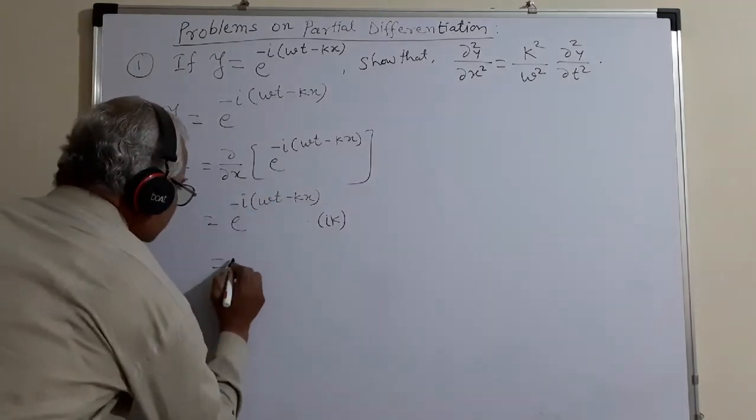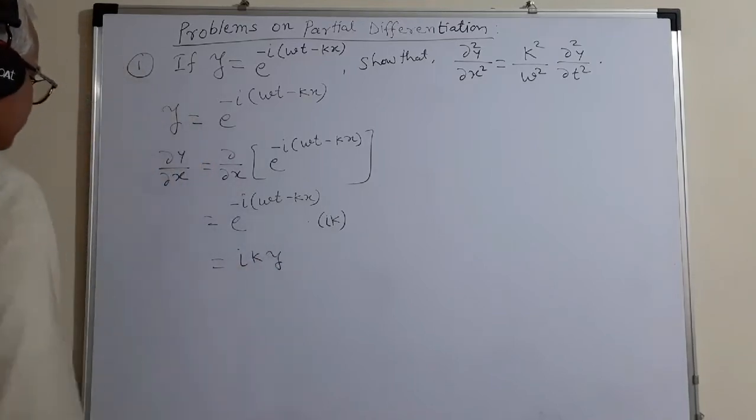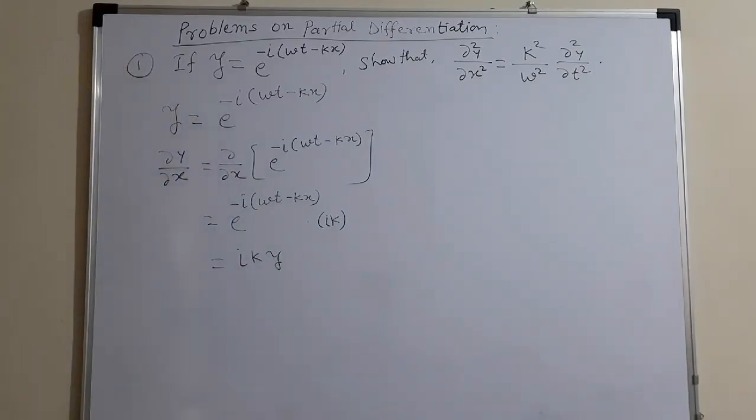So ∂y/∂x works out to be equal to ik into y.